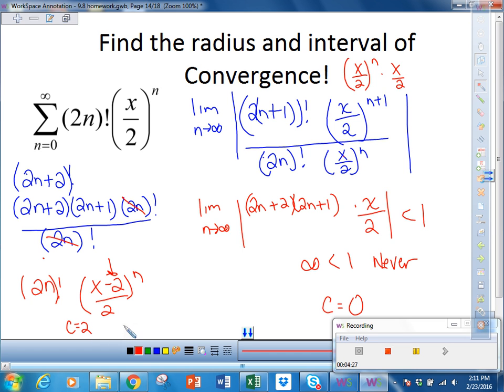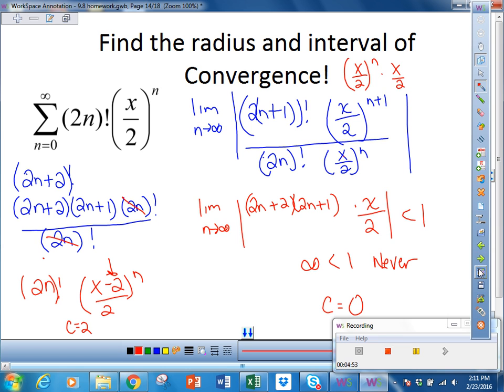Does that make sense? If it ends up, the radius of convergence here is 0, because it only converges at that one point. But it converges at its center. It will always converge at its center. And every series has a center.